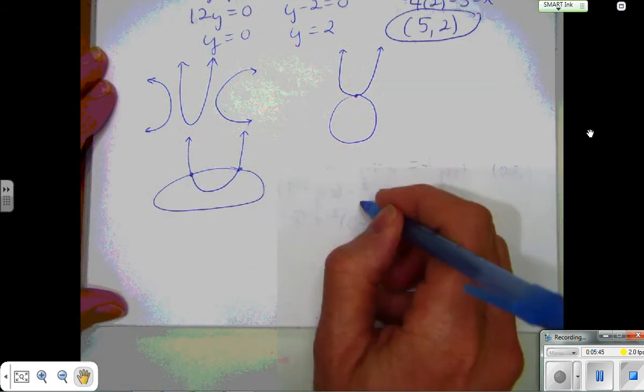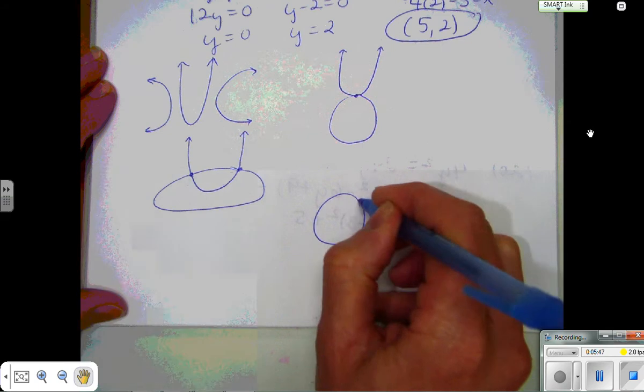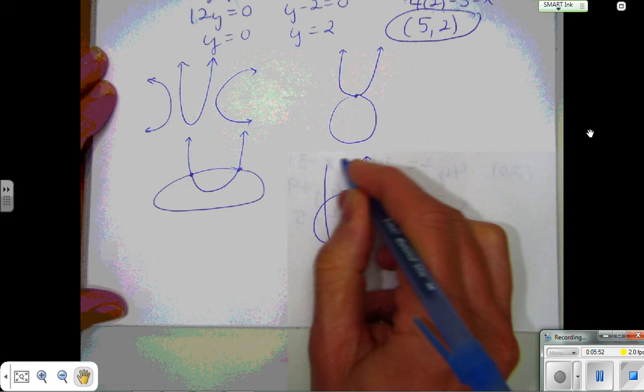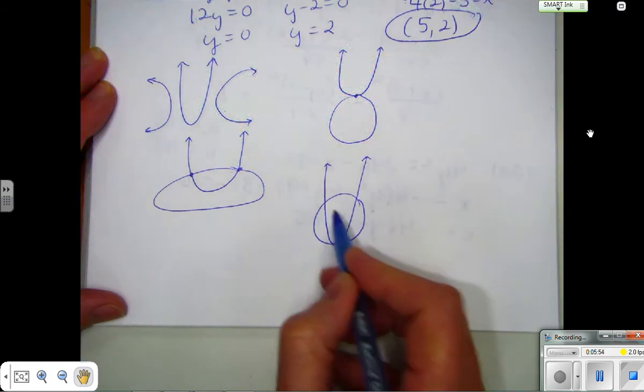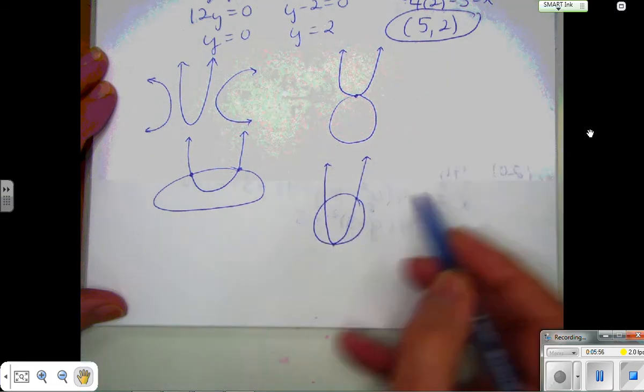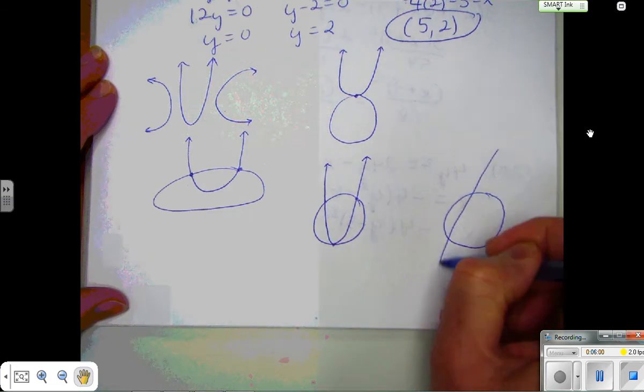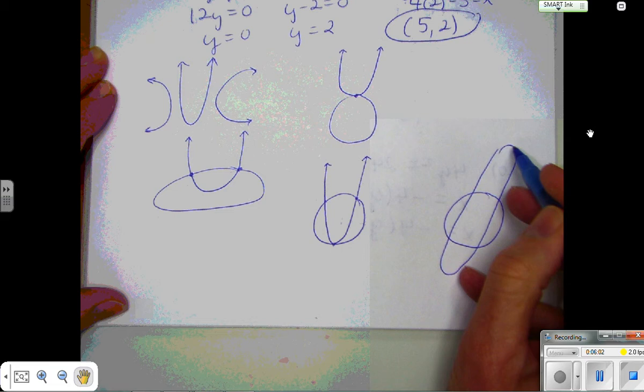You could have 2 conic sections where they have 3 points of intersection. So you have 1, 2, 3. Or you could have 2 conic sections that intersect 4 times. Something like that.